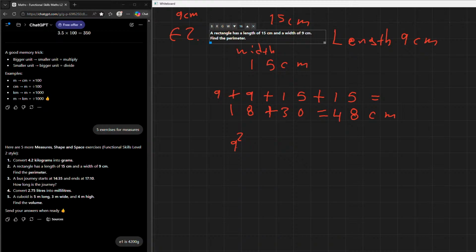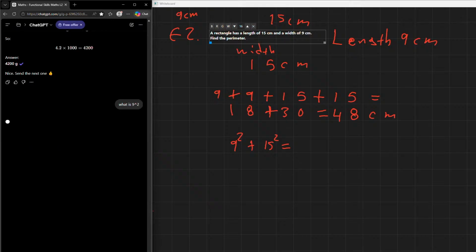Or rather than doing this, we could just do this, if I'm correct. So no, 9 squared should be like this, and then you do plus 15 squared. So you multiply, but is it this one though? Okay, let's ask because it's been a while. 9 to the power of 2. No, this is wrong, is it?